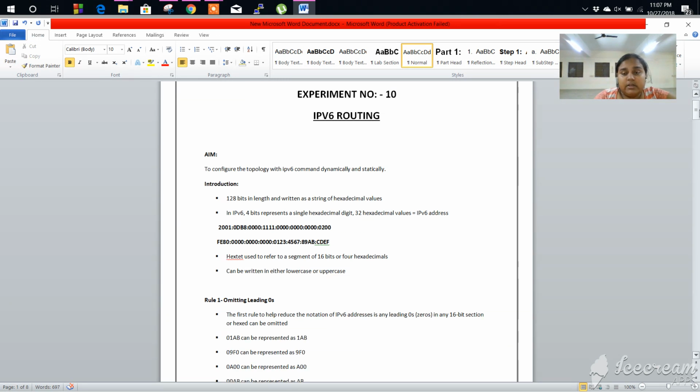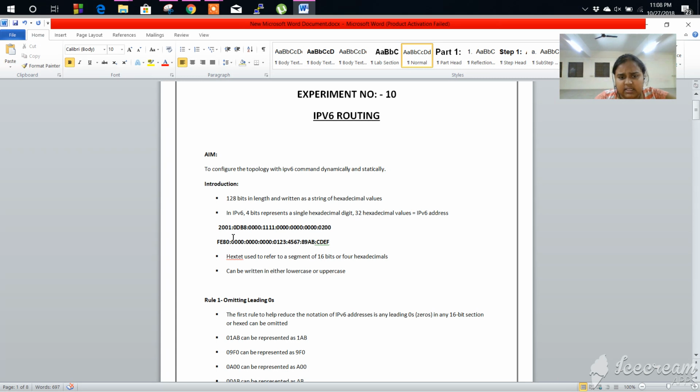So first of all, we'll look at the introduction. IPv6 addresses are 128 bits in length and written as hexadecimal values, which is the IPv6 basic thing. In IPv6, 4 bits represent a single hexadecimal digit, and 32 hexadecimal values make up the IPv6 address.